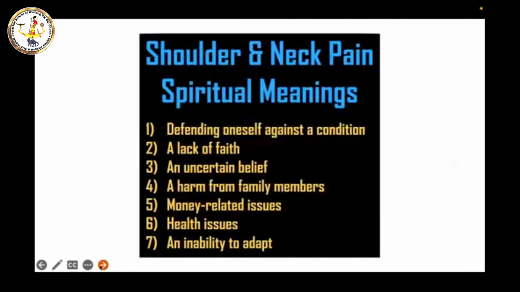So when we're looking at some of these more spiritual meanings, other than the idea of resentfulness, not wanting to do something, we have the idea of defending oneself against a condition. When you're defending, that just tightens up the whole of the body.